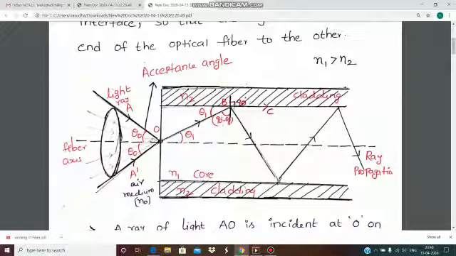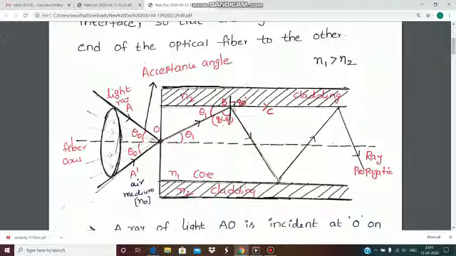Now, if the angle of incidence at the core-cladding interface is less than the critical angle, what happens? Light rays are refracted into the cladding. No reflection here. If the angle of incidence at the core-cladding interface is equal to the critical angle, then light rays travel along the core-cladding interface like this.